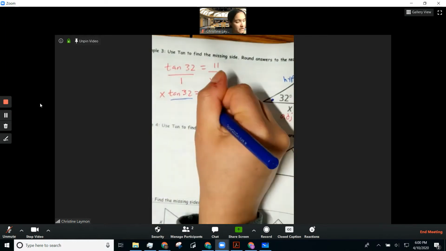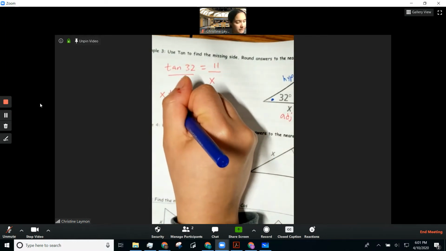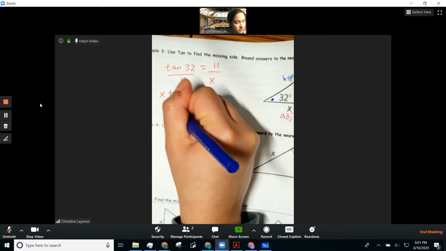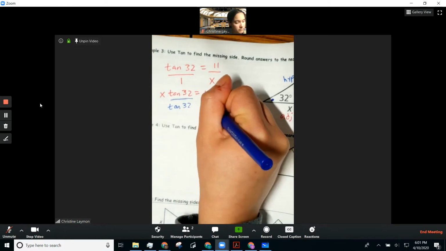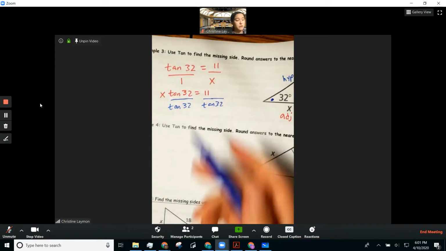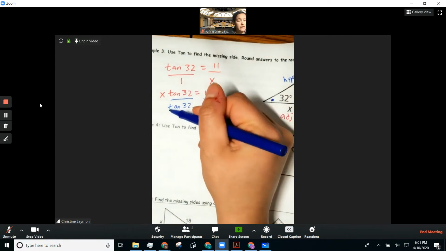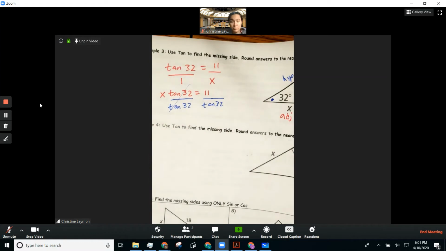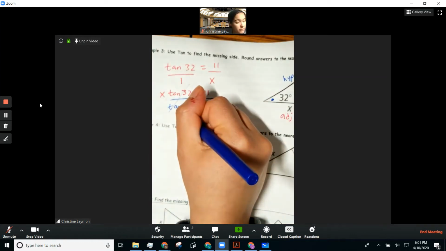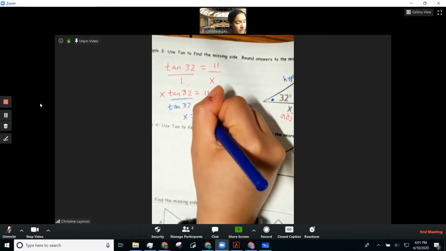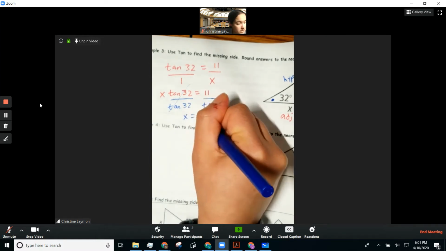So divide left and right by tan 32. And again, I'm doing this that way the tangent 32s cancel out. I'm dividing by the same thing on both sides. That is part of my properties of equality. So x equals 11 over tan 32.